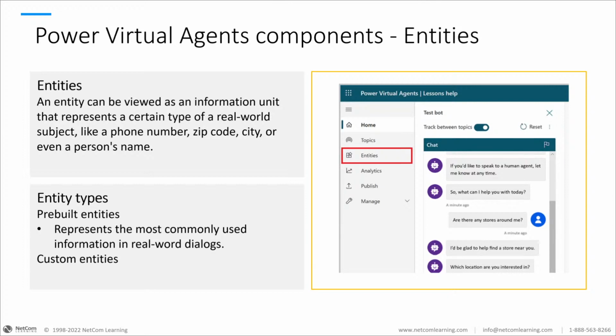There's a whole pile of pre-built ones, which are generally going to be the most commonly used types of information in real-world dialogues. But you could also create your custom entities. So you could take pre-built ones and modify them for your own purposes as well, so that you can get specific language understanding models for your individual chatbot.